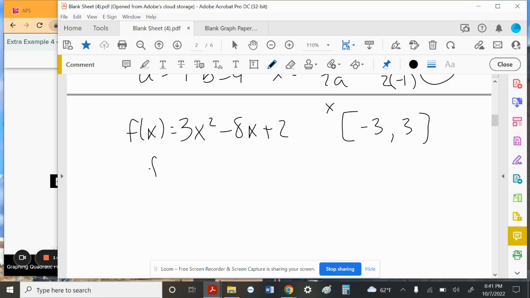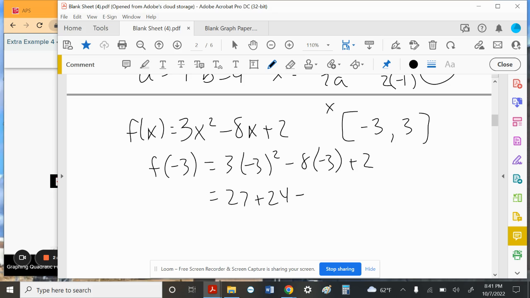We are going to figure out what f of negative 3 is by plugging it in: 3 times negative 3 squared minus 8 times negative 3. Always use parentheses as much as possible. That is 9 times 3, which is 27, plus 24, plus 2. That is 29 plus 24, which is 53.